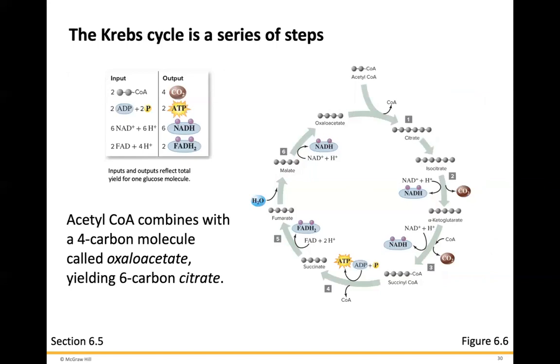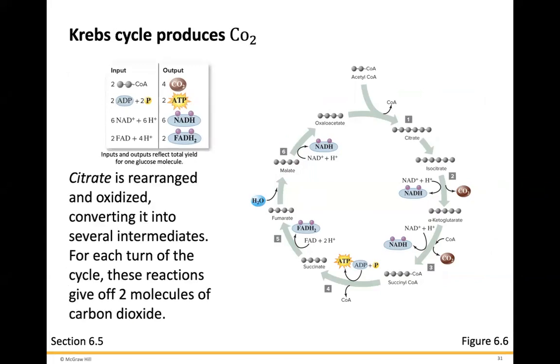Acetyl-CoA will combine with a 4-carbon molecule called oxaloacetic acid, yielding the 6-carbon molecule citrate. Citrate will then be converted to isocitrate. Citrate, as I said, is rearranged and oxidized, converting into several intermediates.